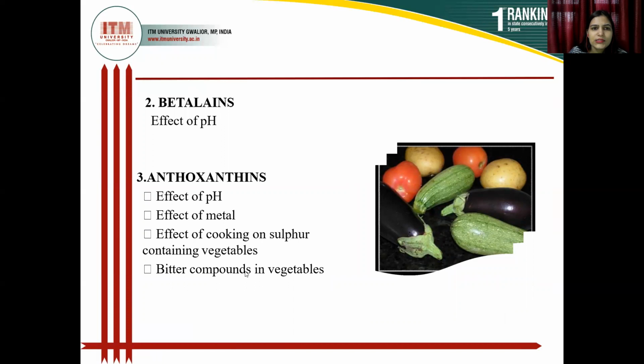And betalains, effect of pH. Anthocyanins, effect of pH, metal, effect of cooking on sulfur-containing vegetables, and bitter compounds in vegetables.